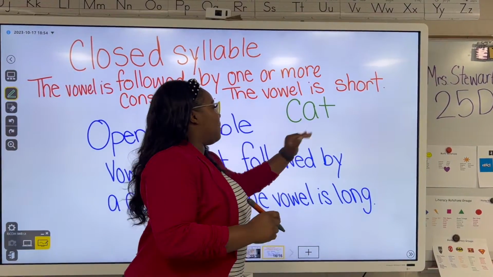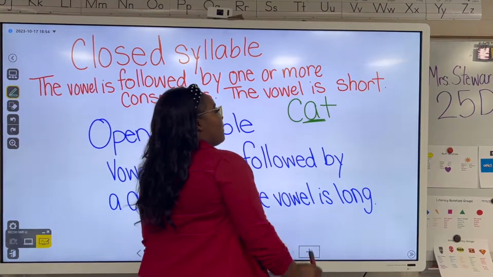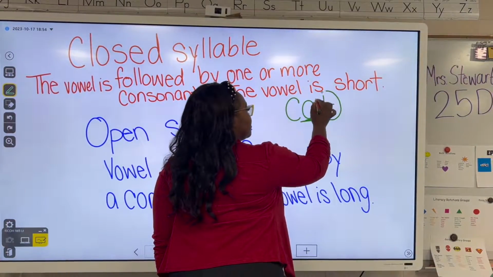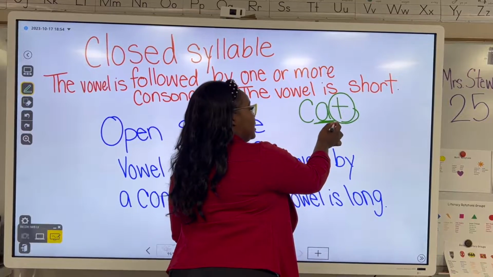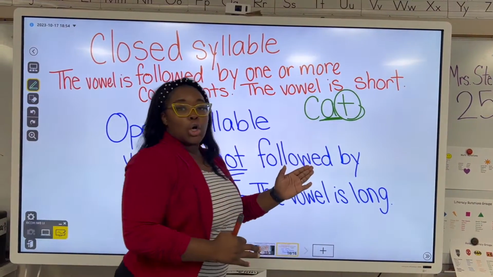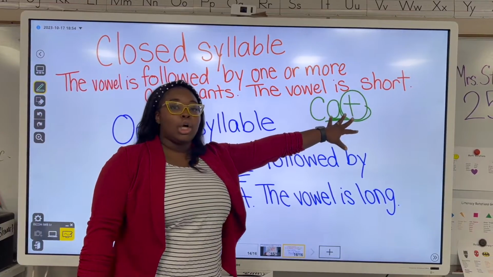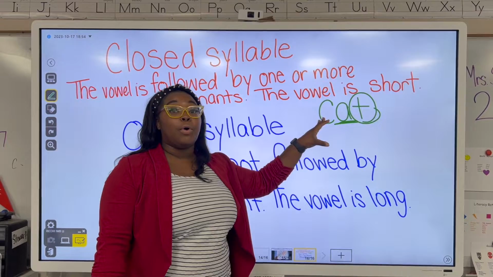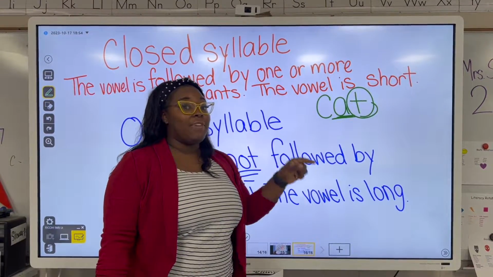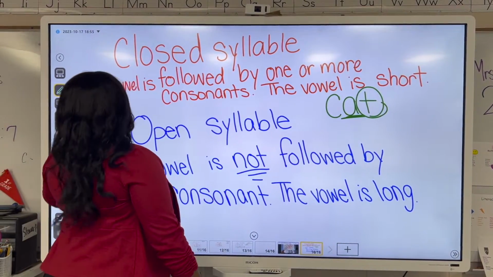I'm gonna first look at my vowel. My vowel is followed by a consonant. So this word is a closed syllable word, okay? That T closes in that vowel, which makes it a closed syllable, producing a short vowel sound. That vowel is making a short vowel sound.